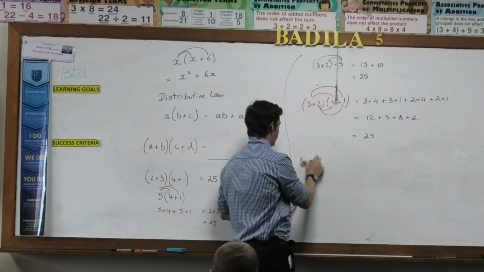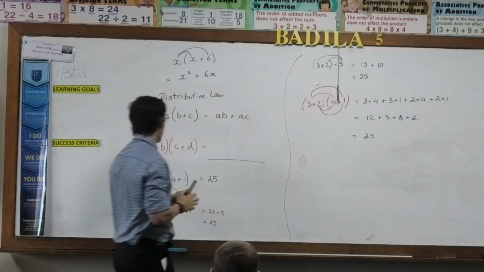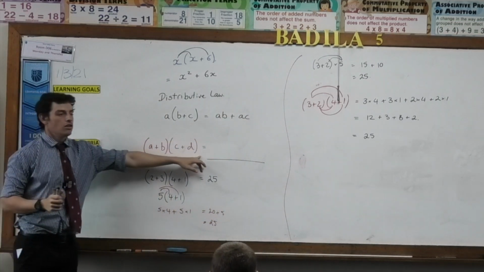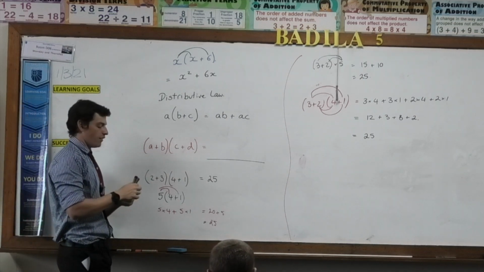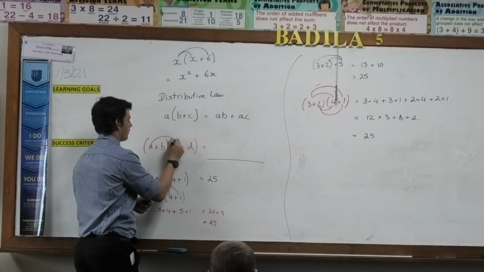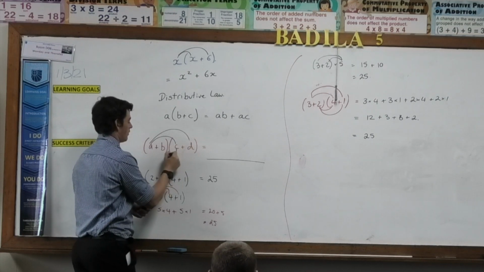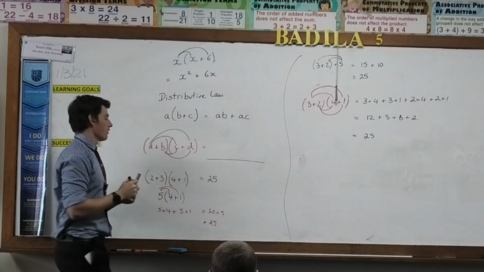So if I look at this example here, let's go back to A plus B times C plus D. If we apply a crab claw, what are we going to get?